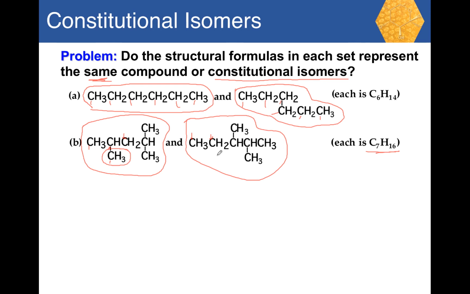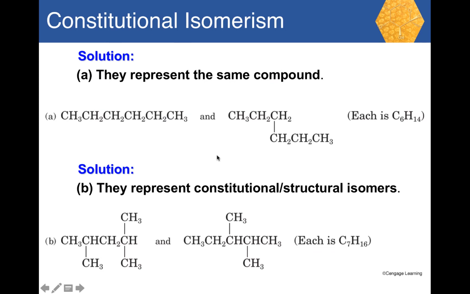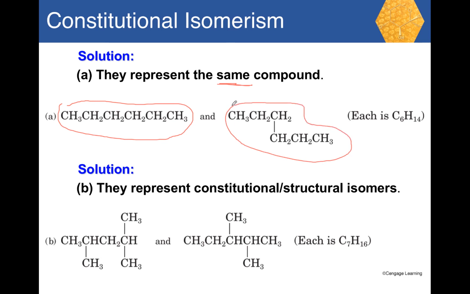So let's look at the answer, which is on the next slide. So as you can see here, these are the same compound. This molecule is the same as this because the connectivity is the same.